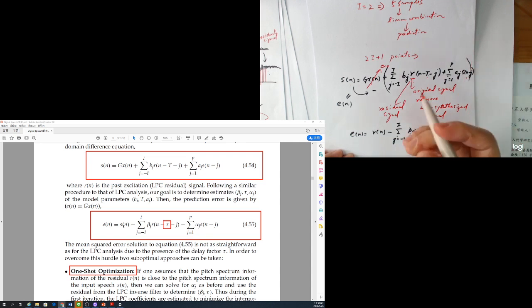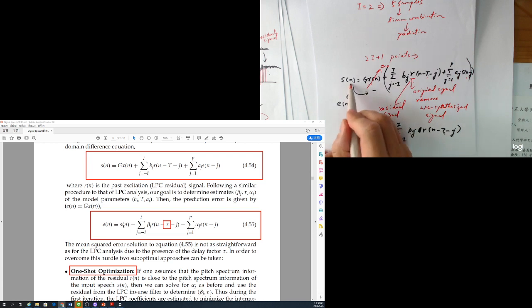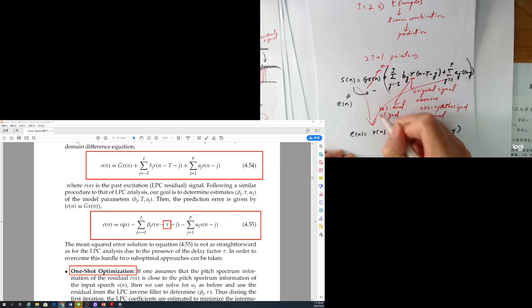Because this signal minus this signal minus this signal becomes the residual signal. So for the residual signal, we move by the long-term delay, and then the neighboring samples do a linear combination, multiplied by their gains, and then do the prediction.